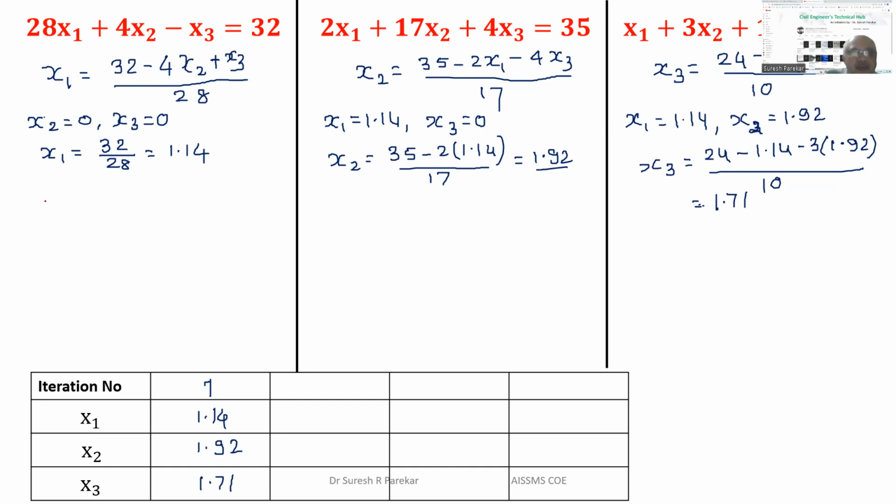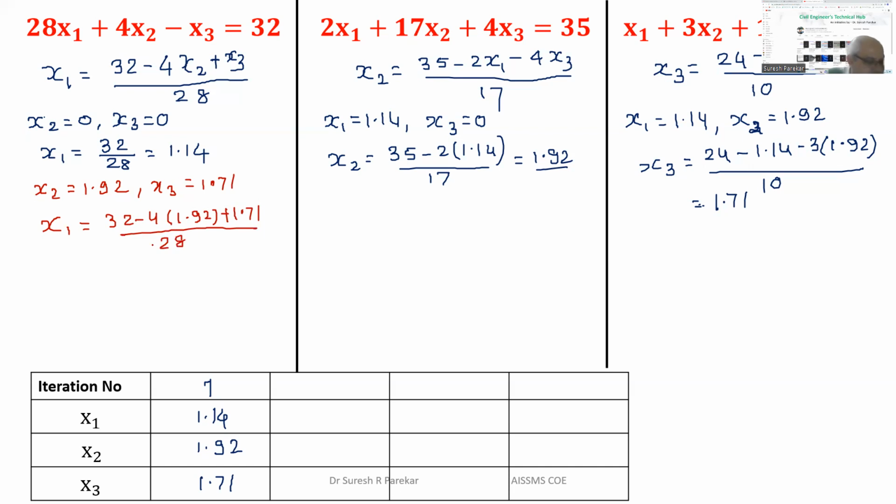Now in the next iteration, I have to take x2 equal to 1.92 and x3 equal to 1.71. Then we get x1 equal to (32 minus 4 times 1.92 plus 1.71) divided by 28.